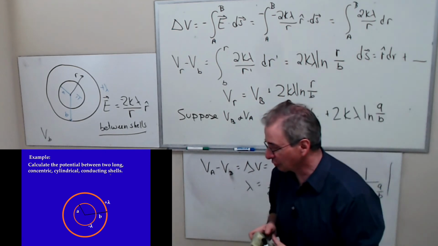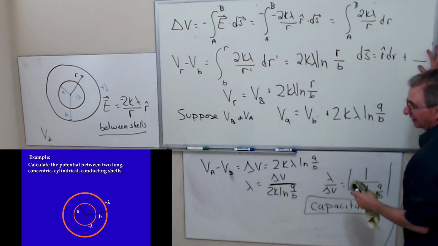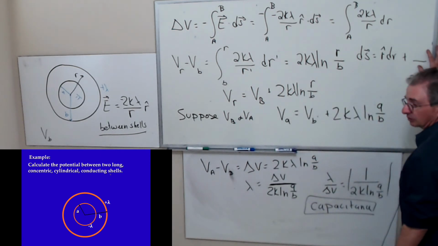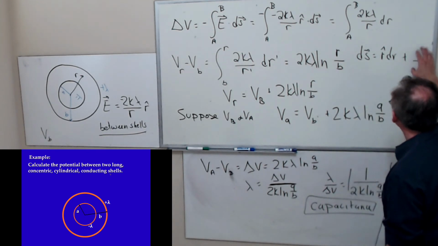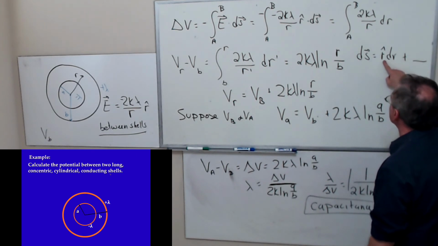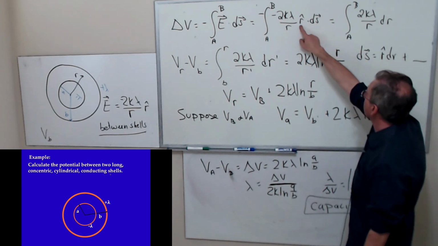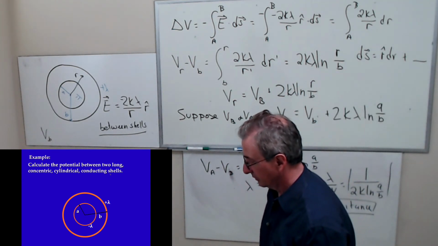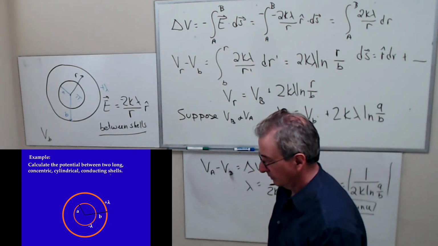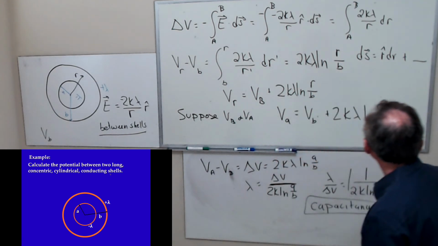If you took 205, you would know that this would be the theta hat direction. This one never contributes, only this one contributes to the dot product. So this dotted with that gives you your dr. Is that okay?